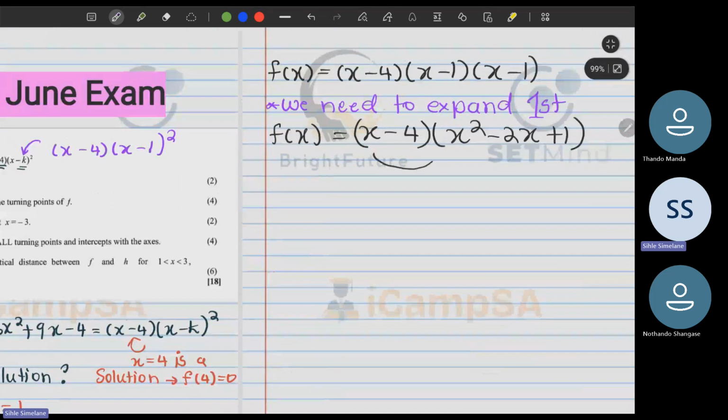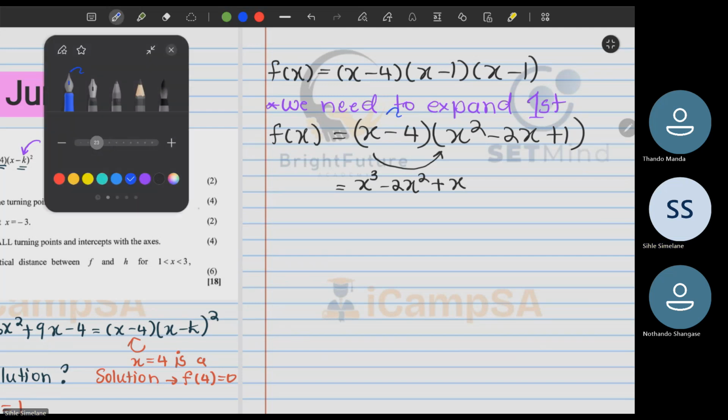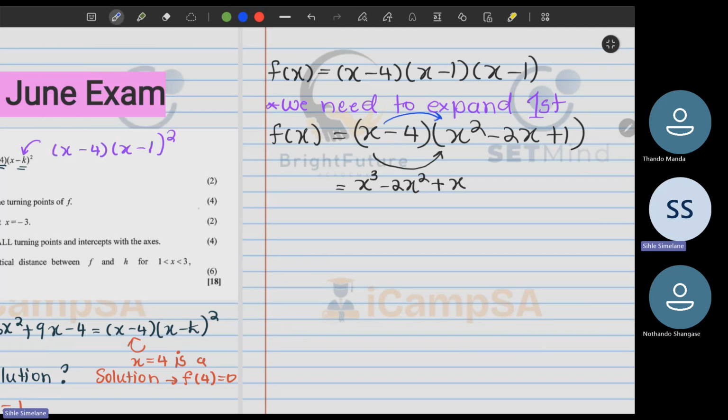And then now we can multiply these ones. So if you multiply with the x, you get x cubed minus 2x squared, then plus x. And then what you do is you then multiply with the blue. And with the blue, you'll get negative 4x squared plus 8x minus 4.